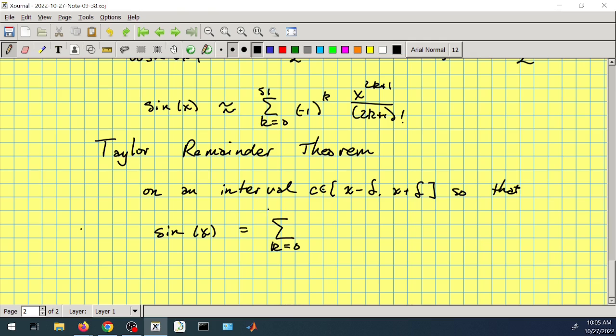What's the little thing that you have up there on top of that sum? Is that 51? Yeah, I used 51 just as a number, but any n will do. And then we have the sum of x to the 2k plus 1 over 2k plus 1 factorial, plus the Taylor remainder, which is going to be the n plus first derivative of sine evaluated at c over k factorial times 2 delta.